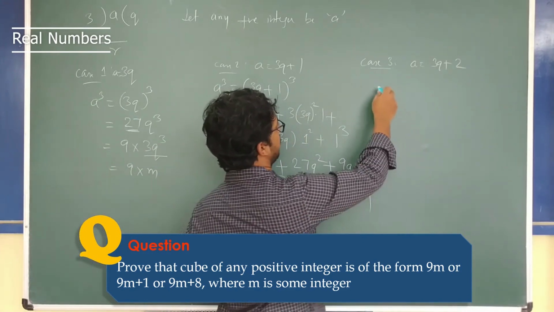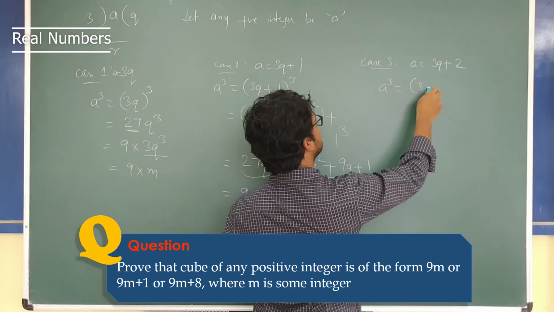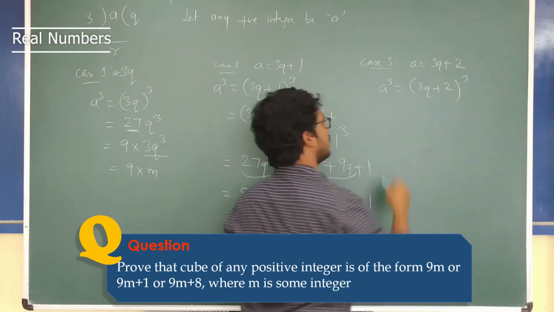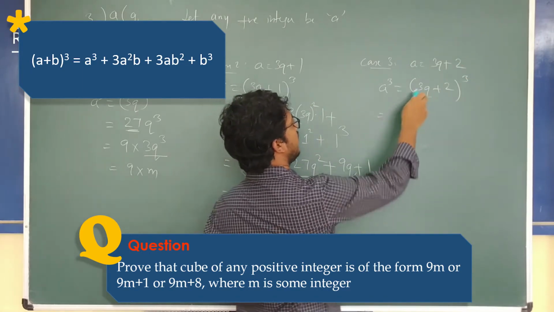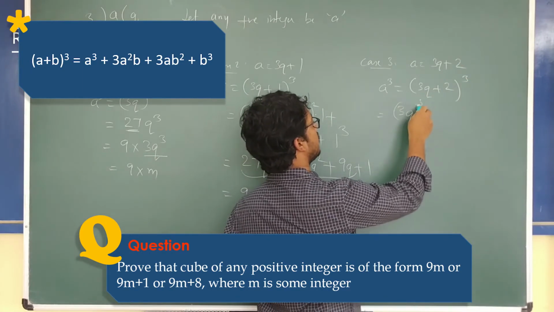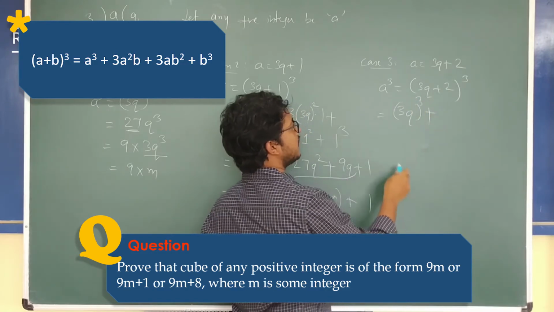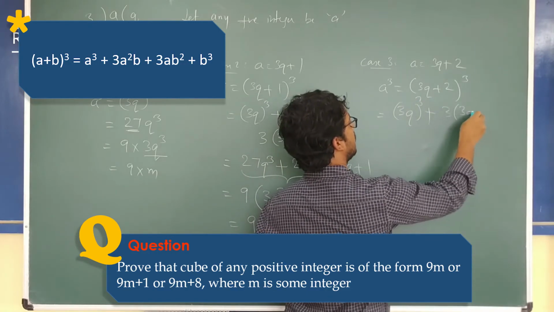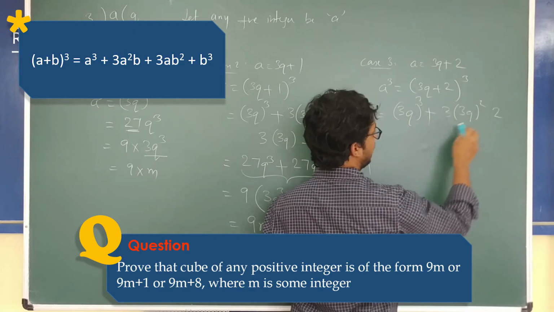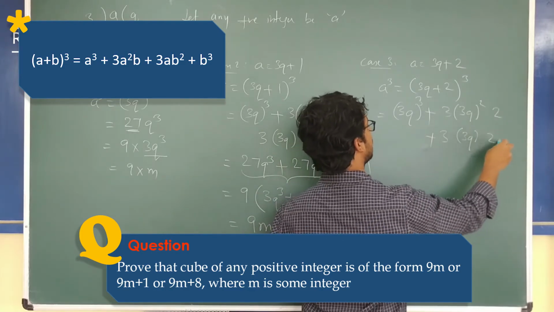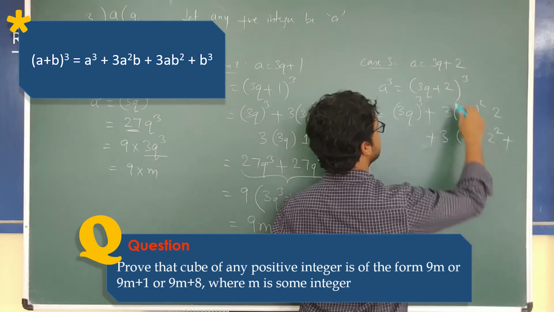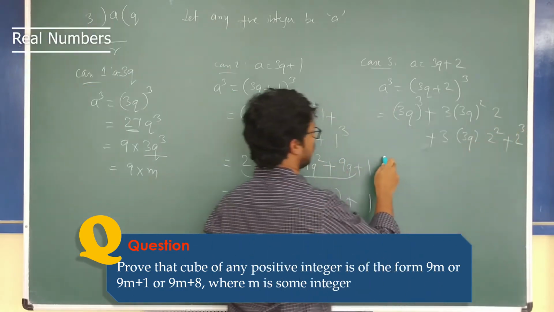So we'll cube it now. When I cube this one, it becomes 3q plus 2 whole cube. Again in the form a plus b whole cube, which will be a cube plus 3a square b plus 3ab square plus b cube. So 3q whole cube plus 3 into 3q whole square into 2, plus 3 into 3q into 2 square, plus 2 cube.